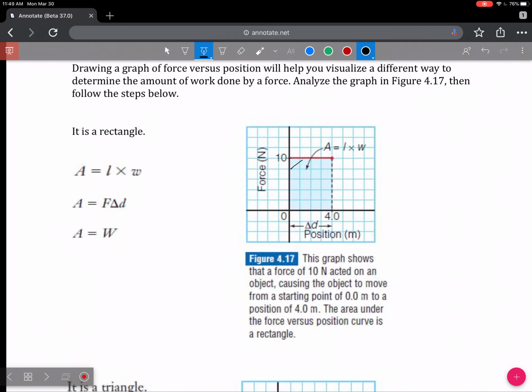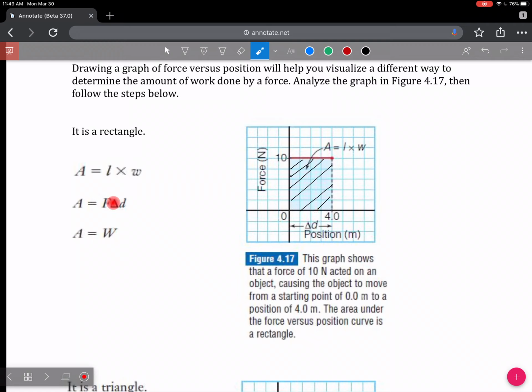Analyzing the graph and following the steps below, we can see that in the first diagram, if we shade the area underneath a force displacement graph and look at it as a rectangle, area is length times width. The length is the force, and the width is the displacement.